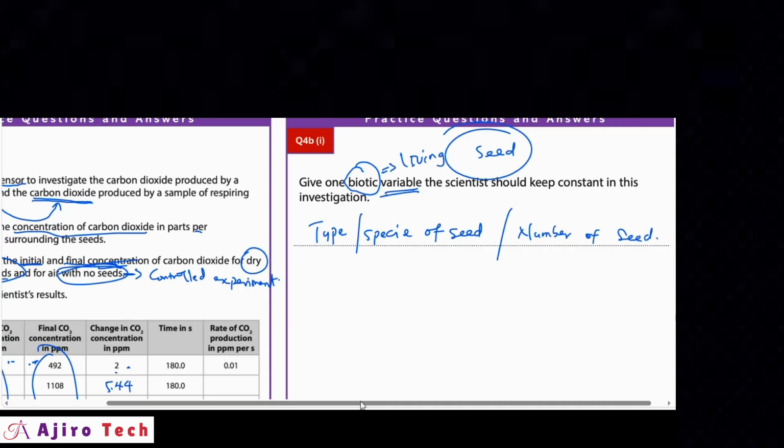These are variables that should be kept constant during the course of this investigation. You can also say mass of seed, number of seed, species of seed, type of seed. That is what should be kept constant.